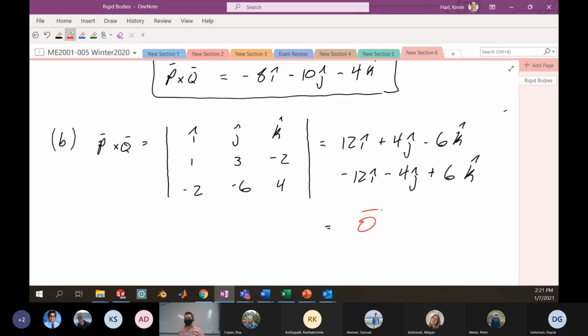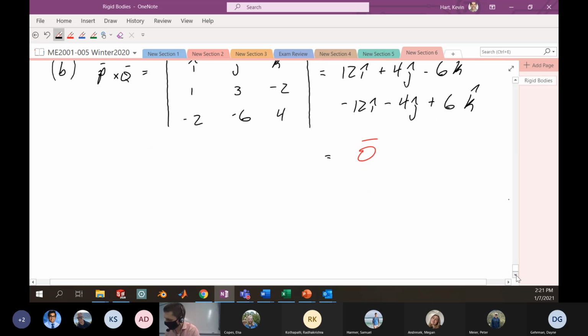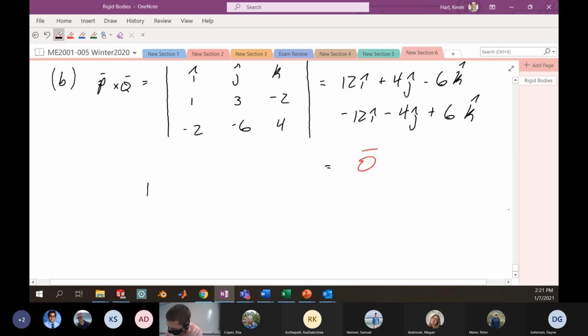Now, why is this? Our vectors are not equal to 0. Their general magnitudes are not 0. What would this actually look like if we tried to plot this in three-dimensional space? Trying to think about why this particular cross product is 0. If I thought about representing each of these vectors in an x, y, z coordinate system, let's think about just drawing this vector p.